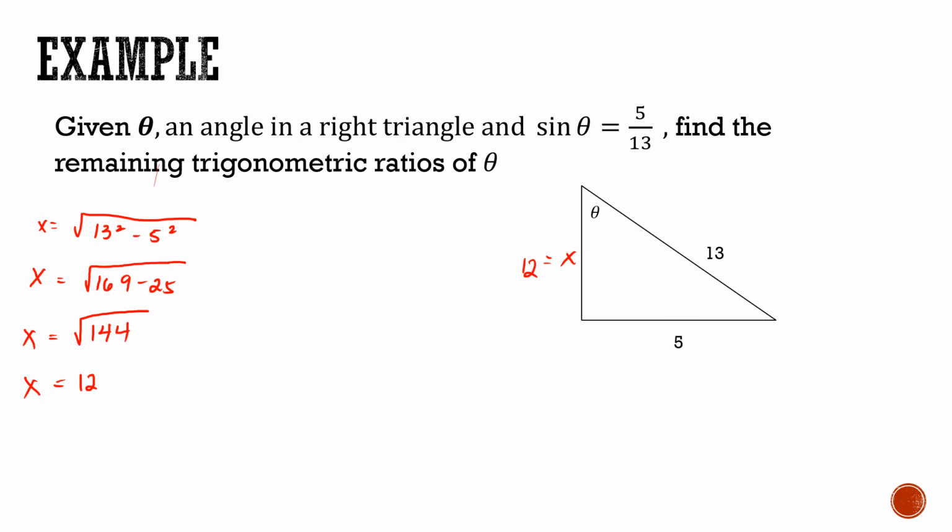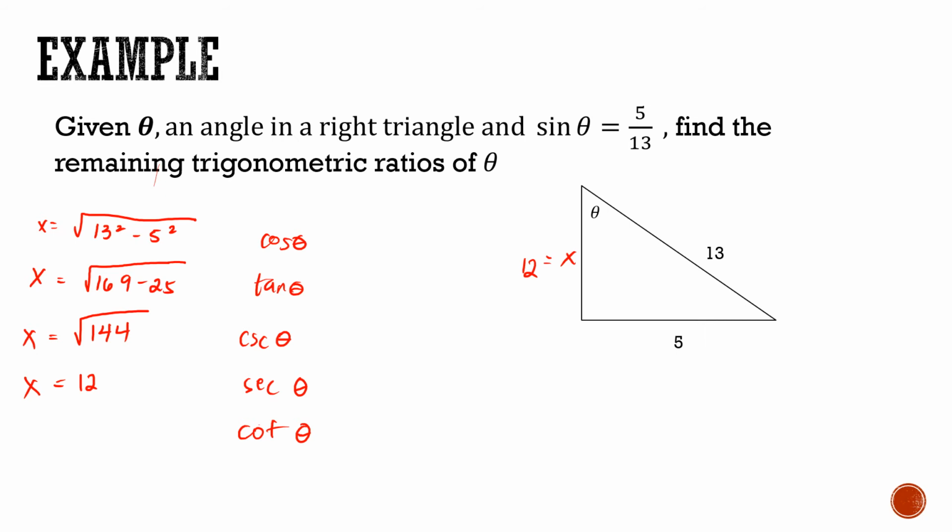We can now find the missing trigonometric ratios, which are cosine theta, tangent theta, cosecant theta, secant theta, and cotangent theta.